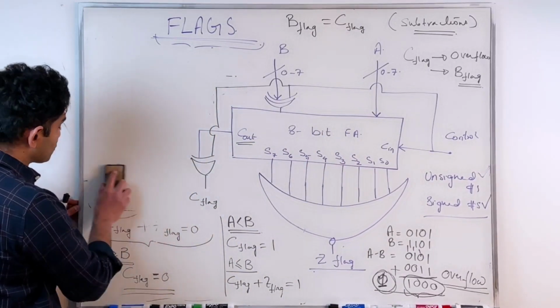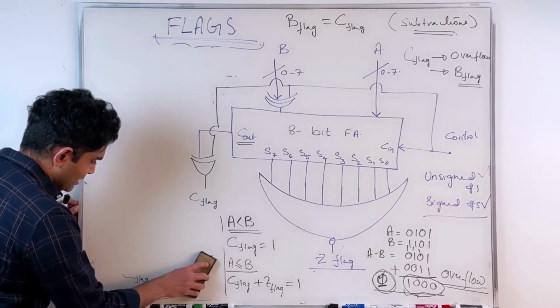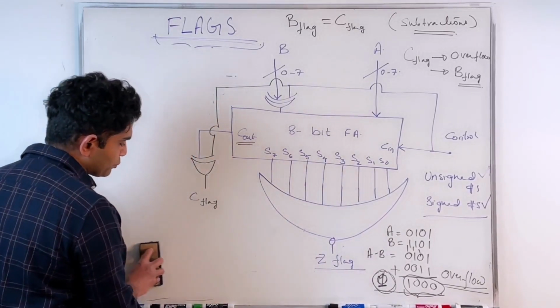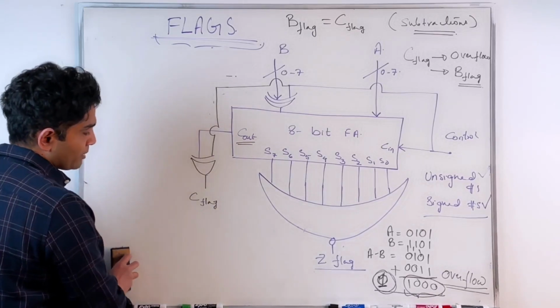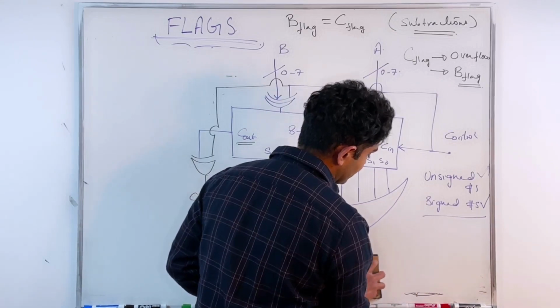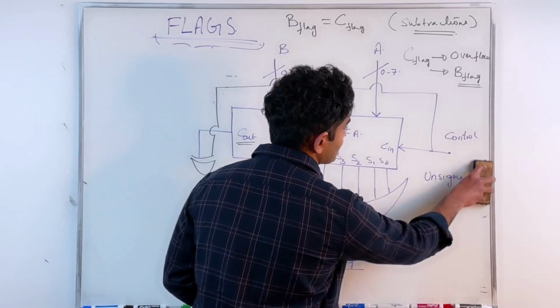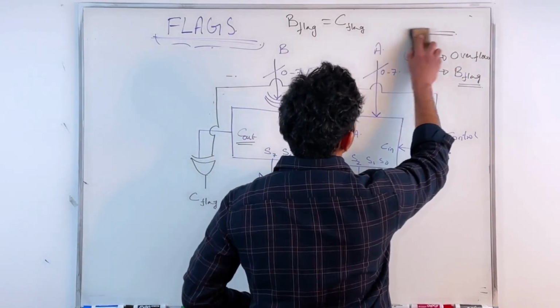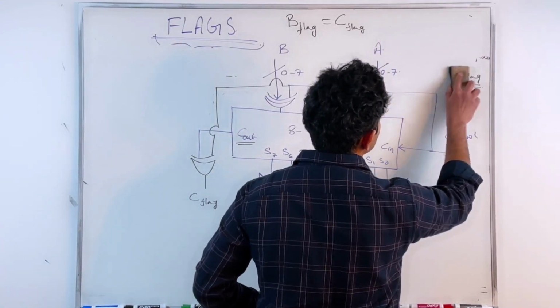Now that you know how to build these flags, I would like you to think about what additional flags we should be needing for the conditional checking of signed numbers. How do I check for signed numbers now?